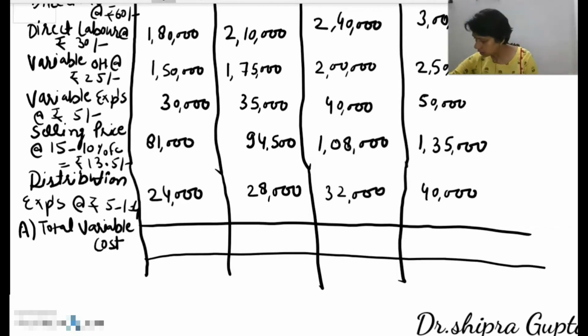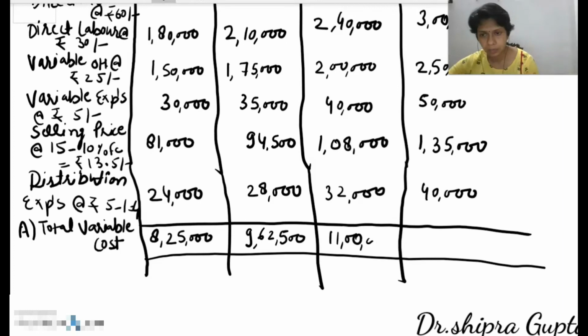So for 6,000 units we will get a total of rupees 8,25,000. I have already calculated it. And for the 7,000 category the total is 9,62,500. And for 8,000 units its total will come 11 lakh rupees, and for the 10,000 category its total will come 13,75,000 rupees.